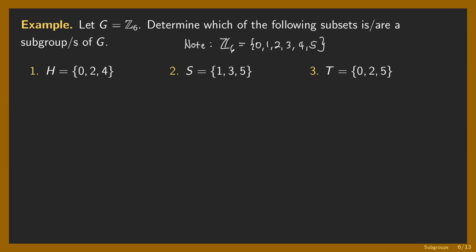So, let me construct a table for H using addition modulo 6. Okay, 0 plus 0 is 0. 0 is the identity element, so I just copy. 2 plus 2 is 4. 2 plus 4 is 6, but modulo 6, that's 0.